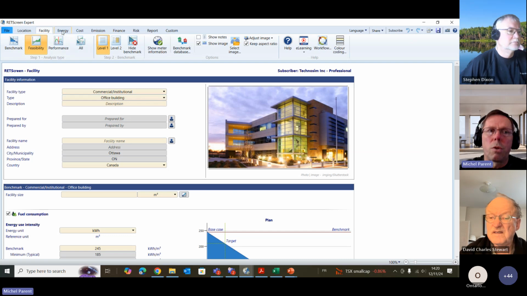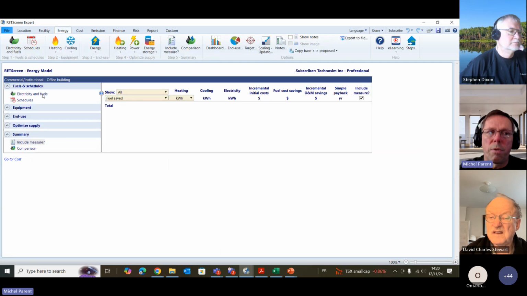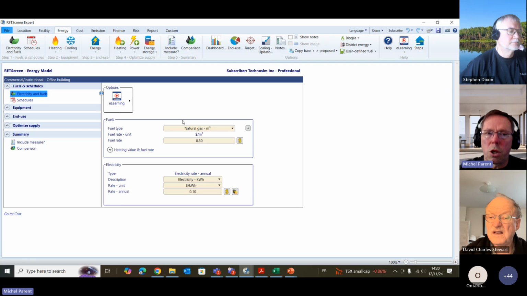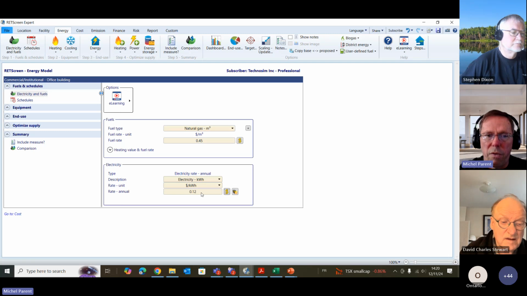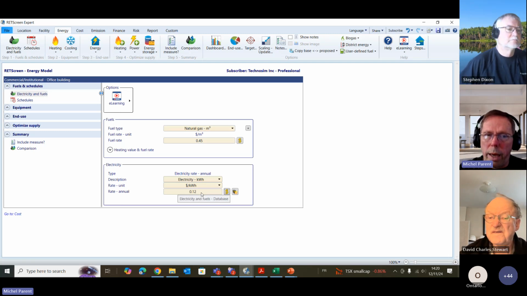Now go into the energy tab. As before, first thing to do is adjust your rate to your marginal rates, 45 cents and 12 cents. Now, for those of you who may be Class A customers, you would enter probably 4 cents or 3.5 cents for your annual rate.